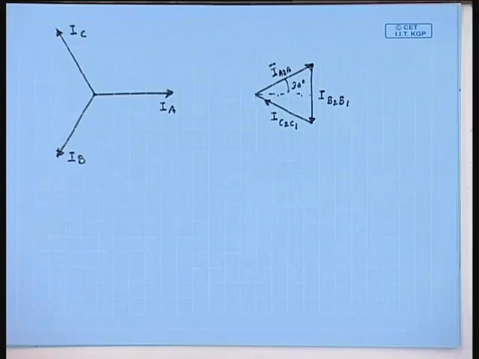Now that we have got the winding currents, we can now draw the winding currents on the low voltage side.